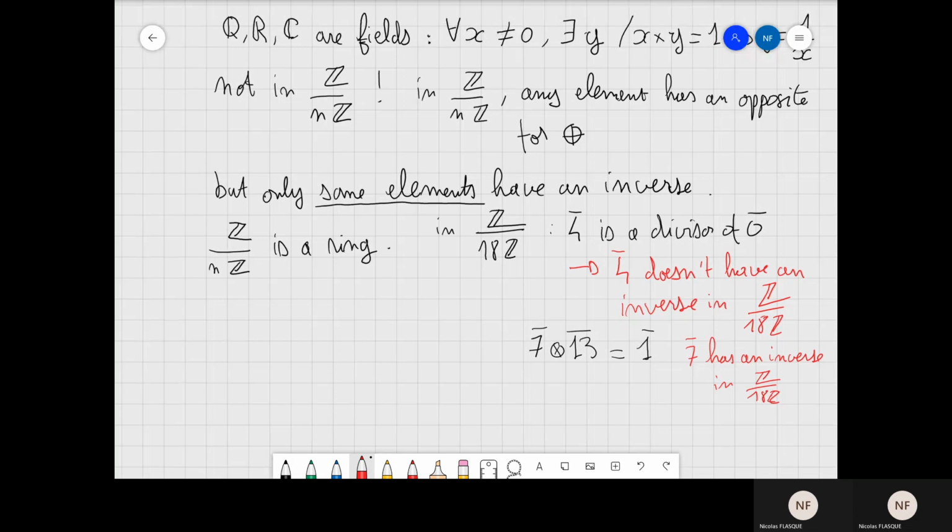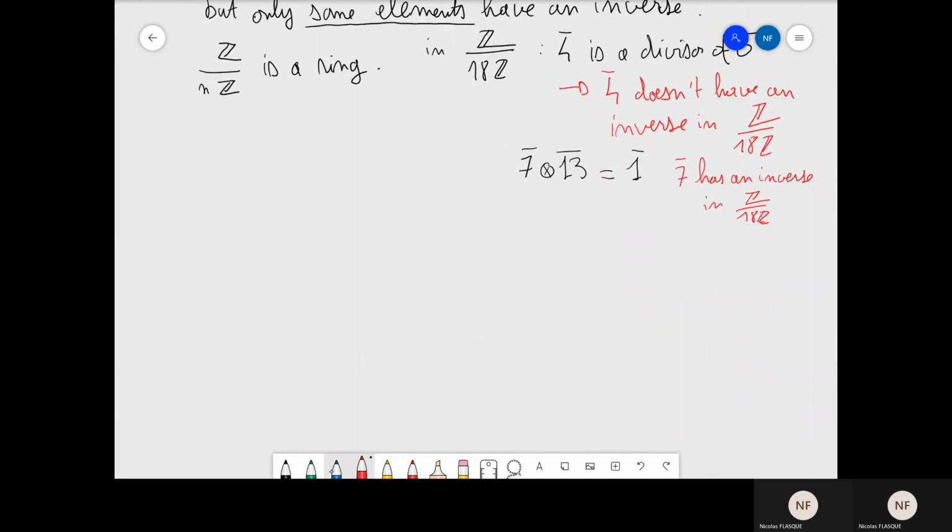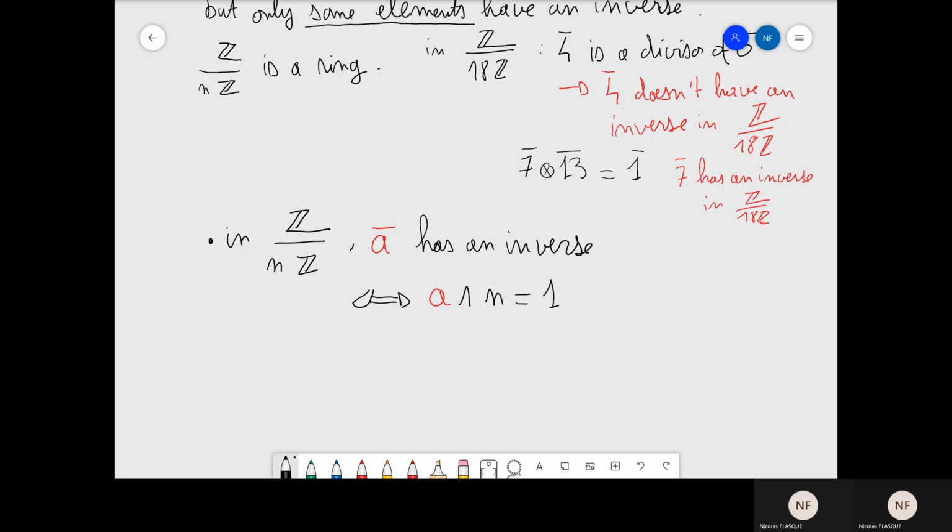Actually, there is a quite simple rule, which is the following. In Z over NZ, an element A bar has an inverse if and only if the GCD of A and N is equal to 1.